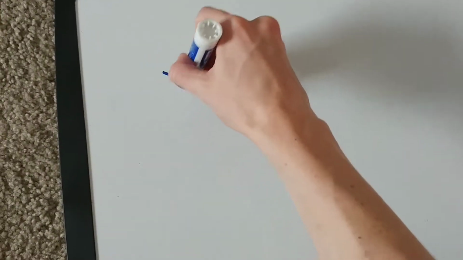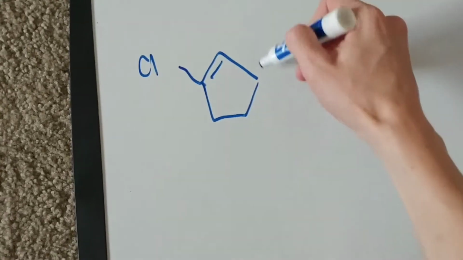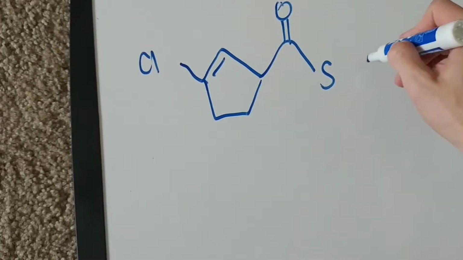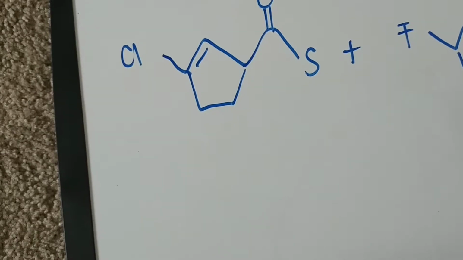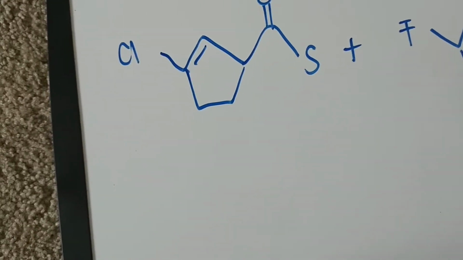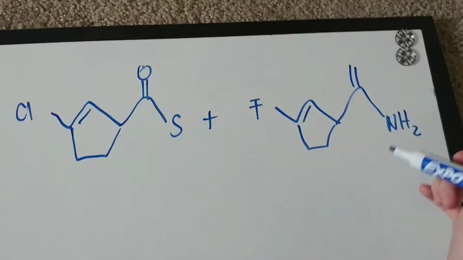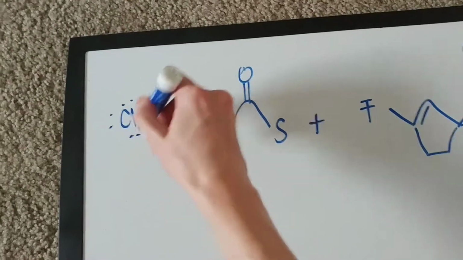Okay, so we'll just go ahead and start by drawing this here. And then we'll go ahead and draw the lone pairs.